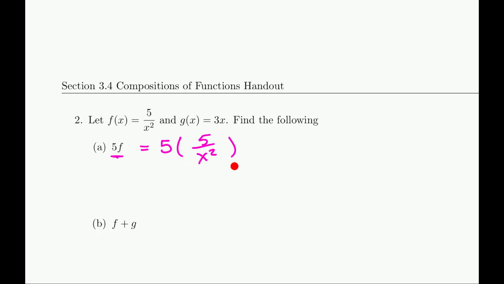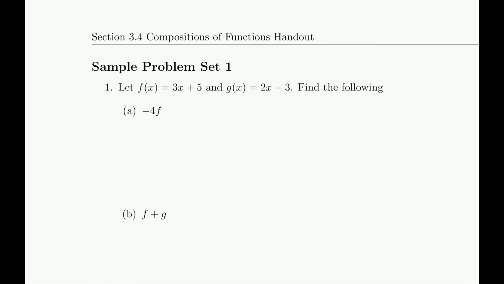That's important because if there had been multiple terms here, then they all would have needed to go in the parentheses. We had that on this previous one here. So this one we skipped, but if we wanted to do negative 4f on this example, it would look like negative 4 parentheses f, and f is 3x plus 5, and you would put the 3x plus 5 in parentheses like that.